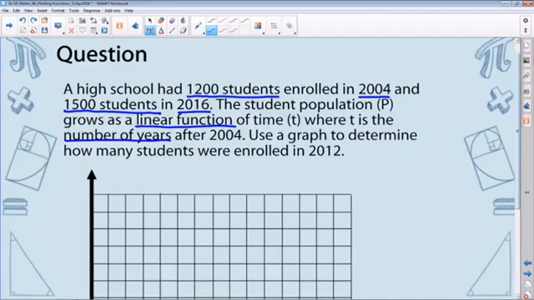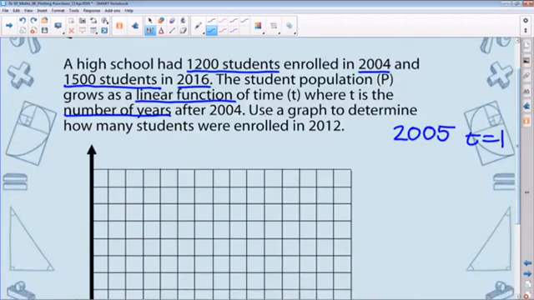So that means in 2005, T will equal 1. And in 2006, T would equal 2. Use a graph to determine how many students were enrolled in 2012.